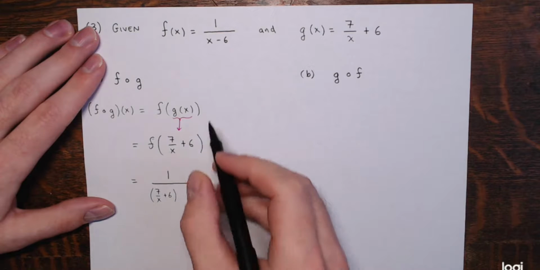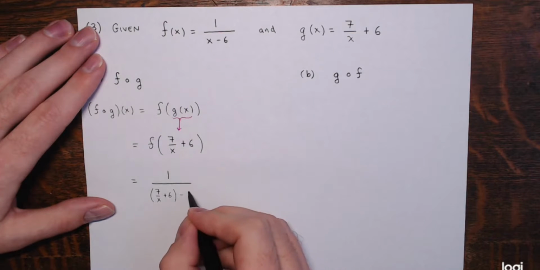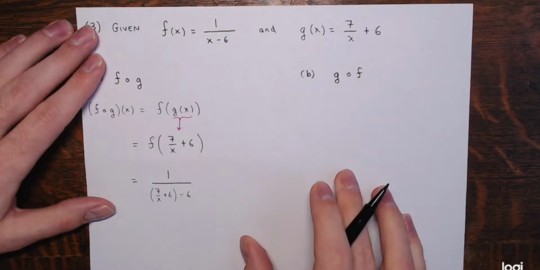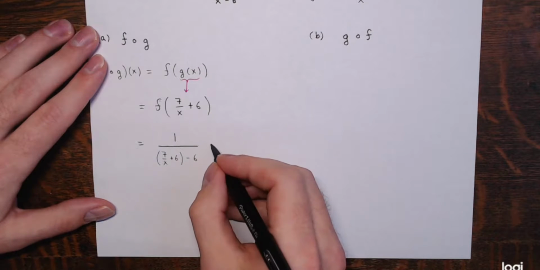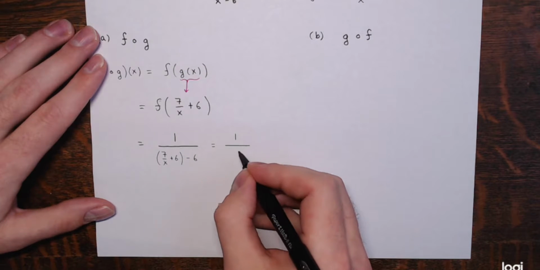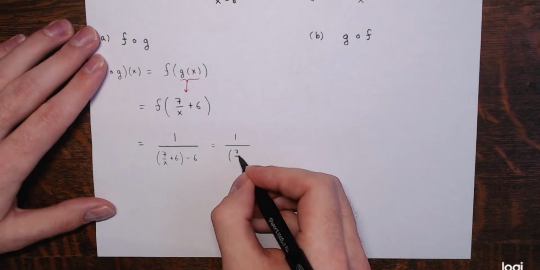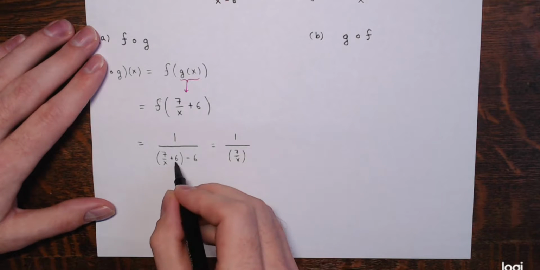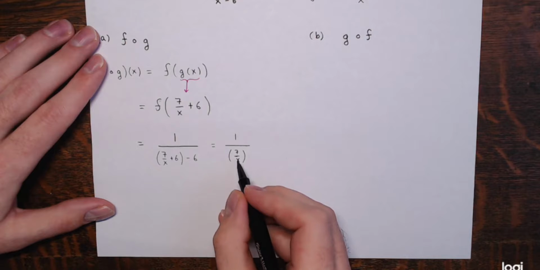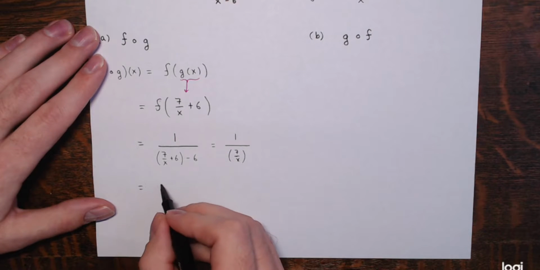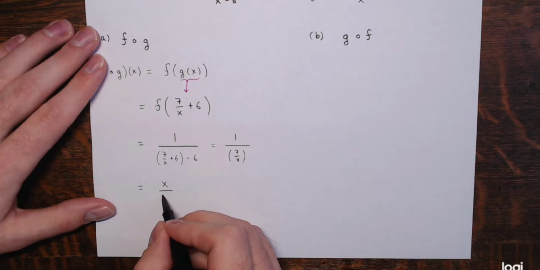Right, and then minus 6 after. Well, we're definitely going to have to simplify this, right? This is just 1 over, and then 7 over x, right? Because the 6's would cancel, plus 6 minus 6, and then anytime you divide, you're multiplying by the reciprocal, so this will just be x over 7. This just ends up being x divided by 7.